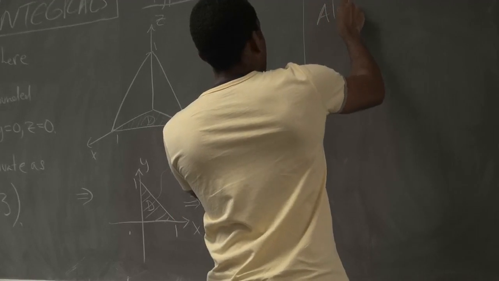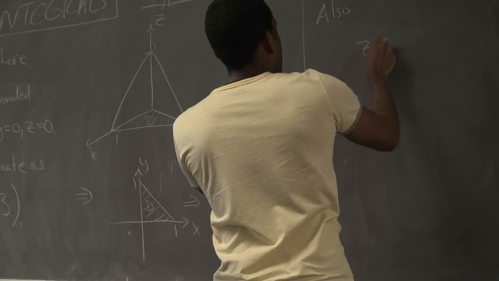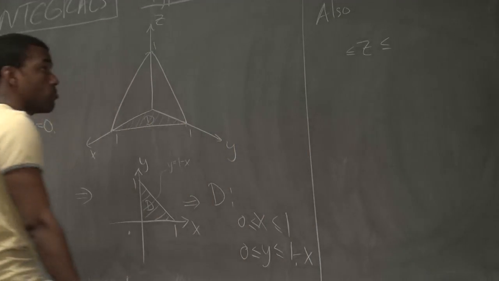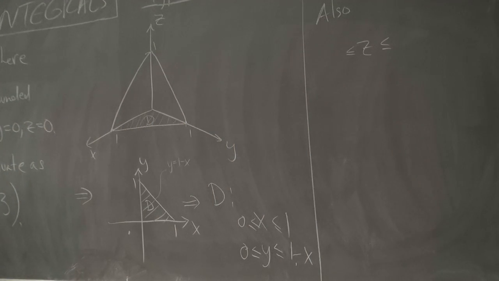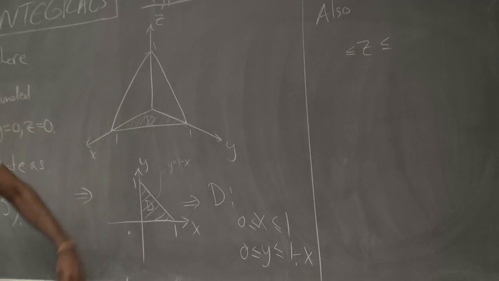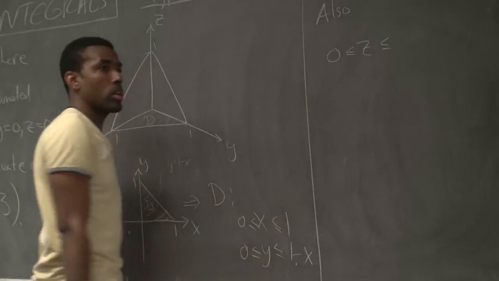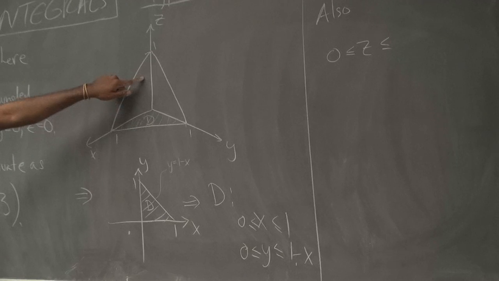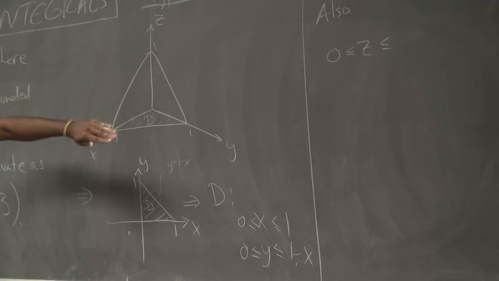Also, how could I set up my Z range? Z would go from 0, which is the floor, right? Z equals 0, up to what? Up to the plane, right? The plane is the roof, it's the top here.